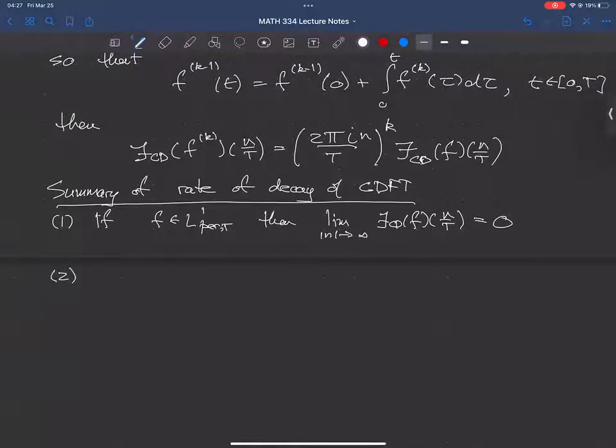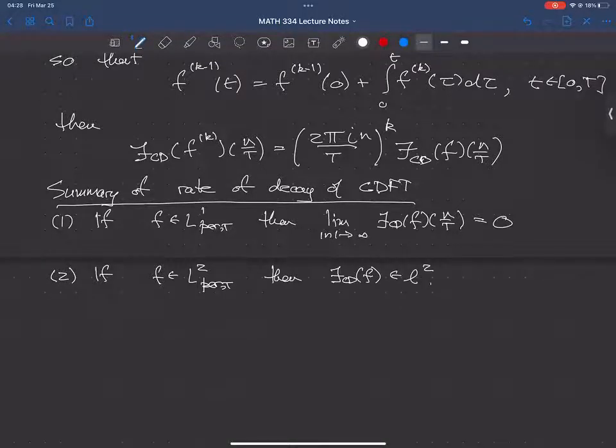Now I mentioned something last time, but we haven't gotten to it yet, and this is the right place to state this condition. And that is that if f is in L2, then the CDFT of f is in little l2.